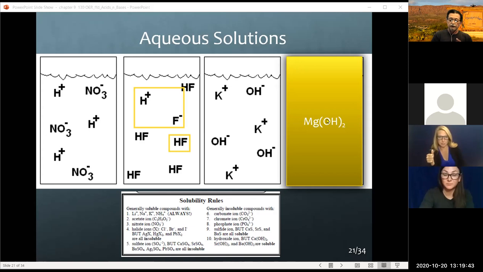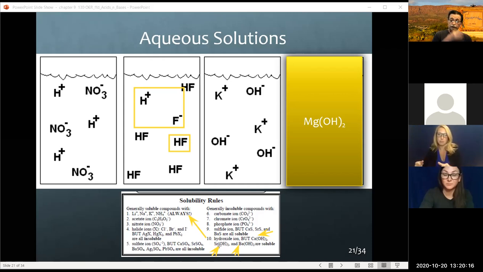It tells me that the hydroxide ion normally is insoluble unless it is bonded with the big 4 in number 1, or bonded with calcium, barium, or strontium. And so all hydroxides in the world, with the exception of 7 examples, are insoluble.